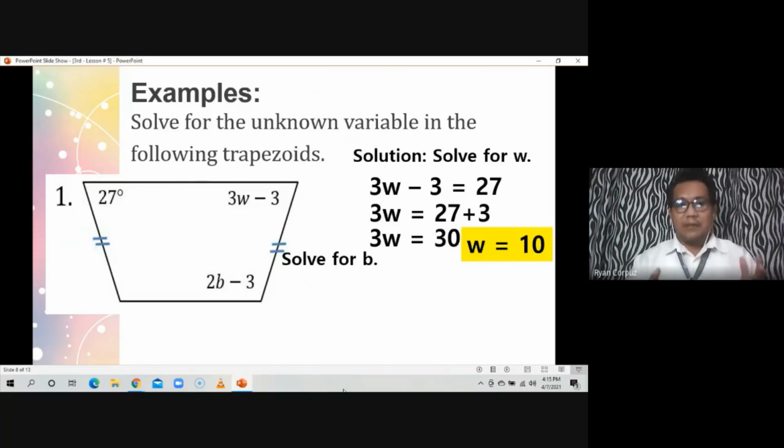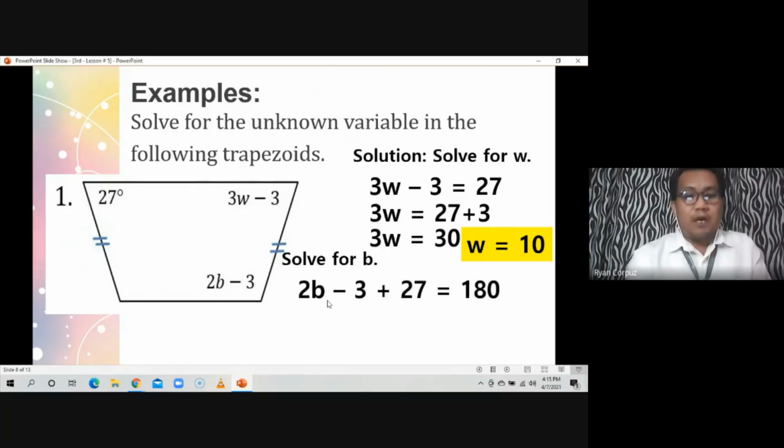So, by knowing that property, we can come up with a way on how we are going to solve for the value of B. Sabi, since they are supplementary, when we add these two measures of angles, it will be equal to 180 degrees. So, we'll have the equation here.